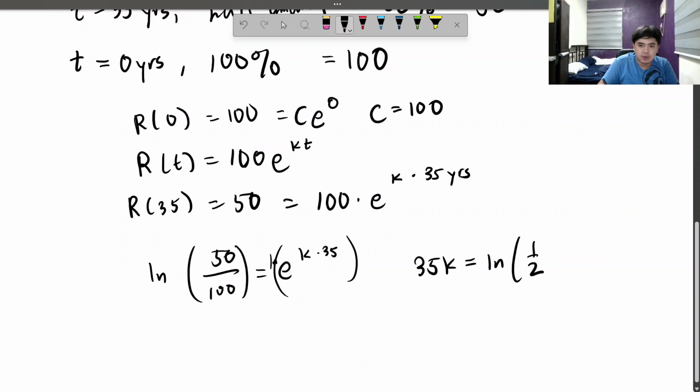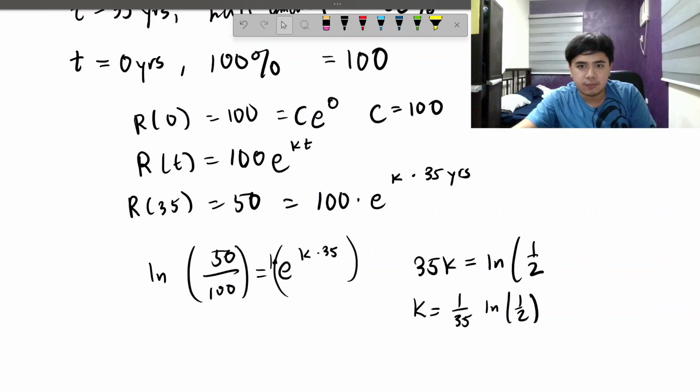Now, in order to find k we need to divide by 35. So 1 over 35 times ln of 1 half. Let us input that into our calculator. I will zoom in so you can see. There. So this is my calculator.